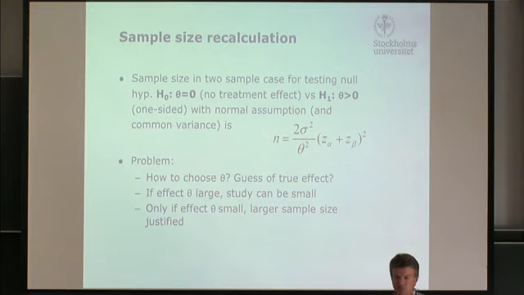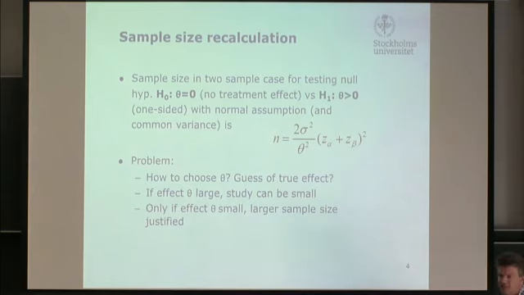If you have a two sample case, so control and the new drug to compare, and you want to test the null hypothesis that there's no effect, theta equal to 0, versus that there's a positive effect, with a normal assumption and a common known variance, then you have the familiar sample size formula shown here, and you need to specify the parameters sigma, and now I want to focus on the effect theta.